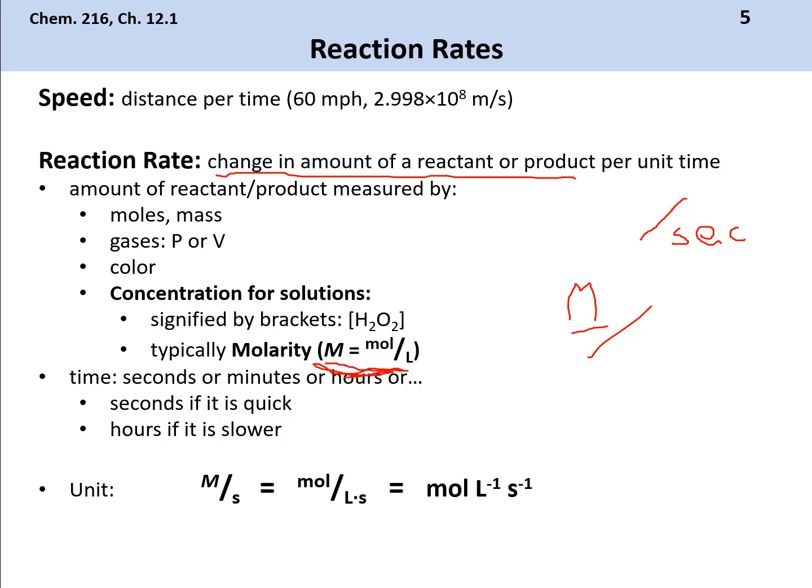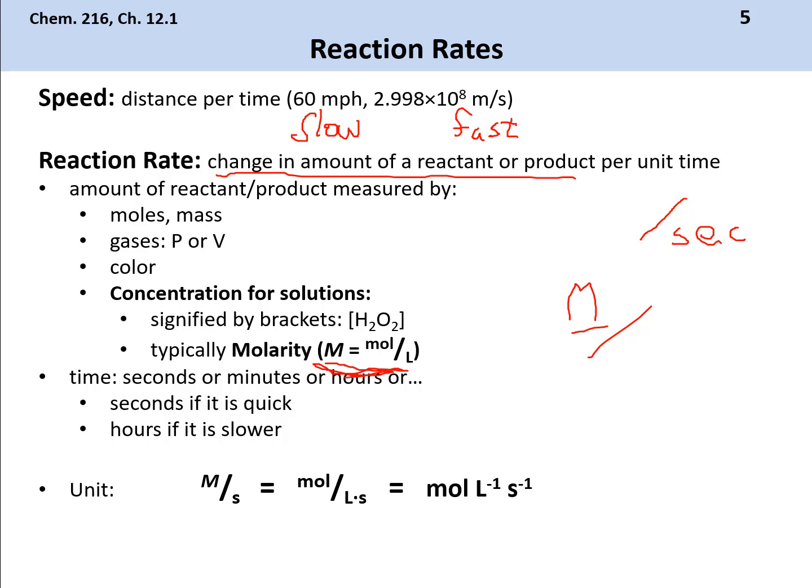In the same way that here, this is for a car. A car is fairly slow in comparison to the speed of light, right? So for something that's fast, we may do how long does it travel per second? Here it's per hour. Okay, so the units of reaction rates we're going to use is molarity per second.